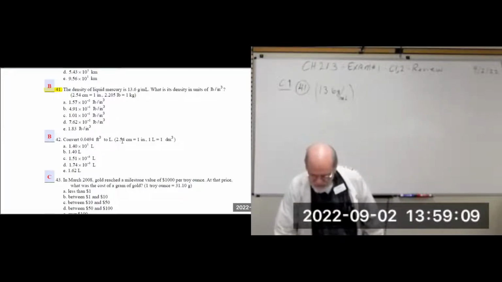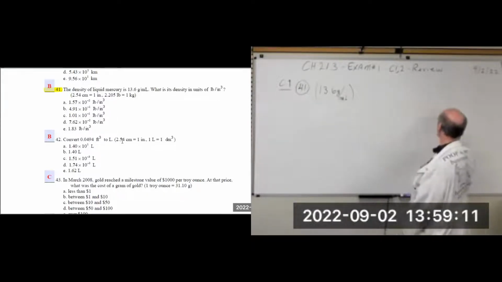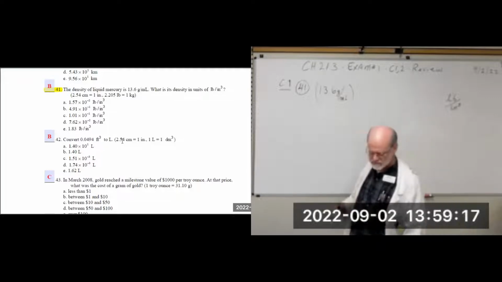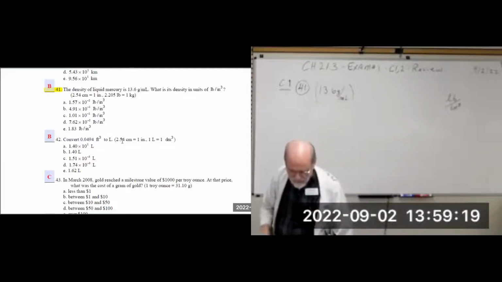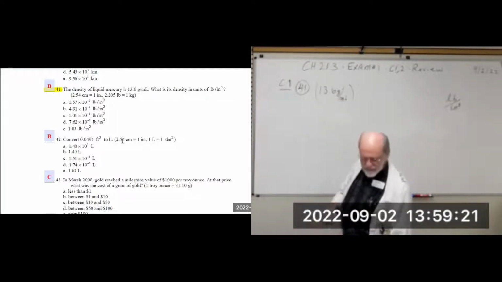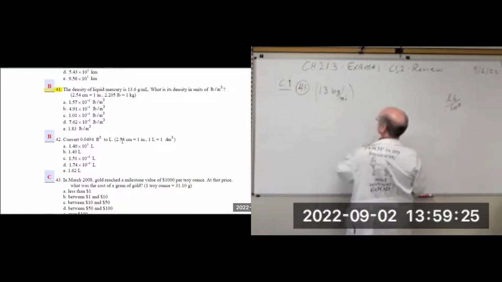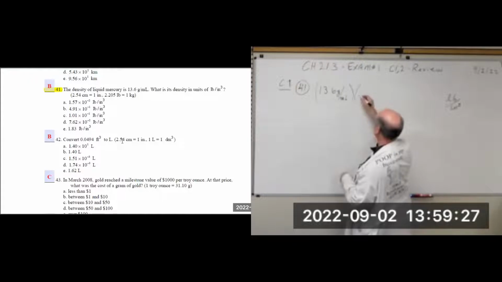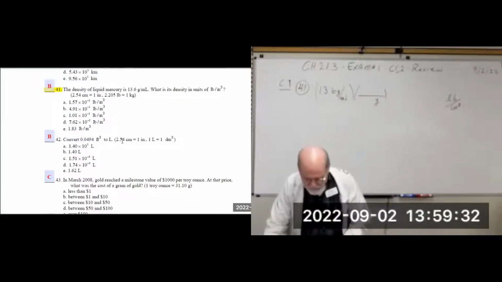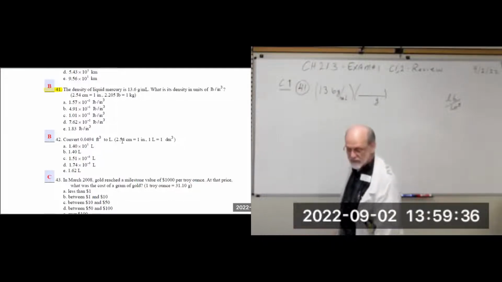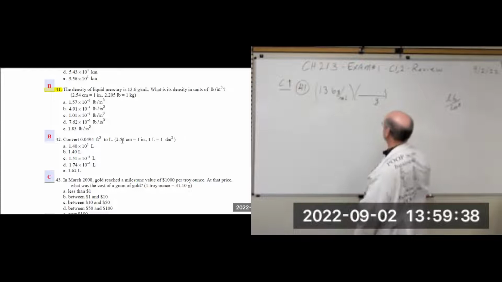Let's see. We want to change that to pounds per cubic inch. Okay. All right. So if we do grams first, what do we have to work with? 2.205 pounds per kilogram.